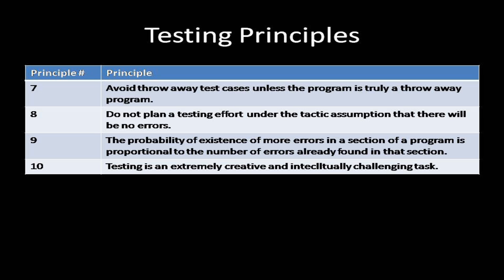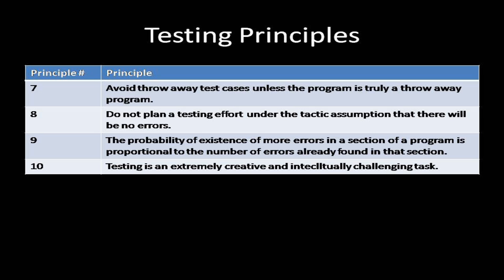Principle number eight is do not plan a testing effort under the tacit assumption that no errors will be found. This is a mistake project managers often make and is a sign of the use of the incorrect definition of testing, that is, the assumption that testing is the process of showing that the program functions correctly. Once again, the definition of testing is the process of executing a program with the intent of finding errors.